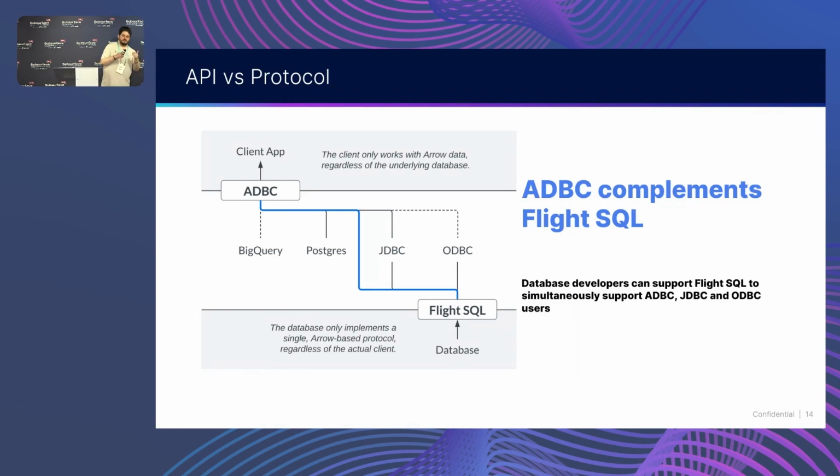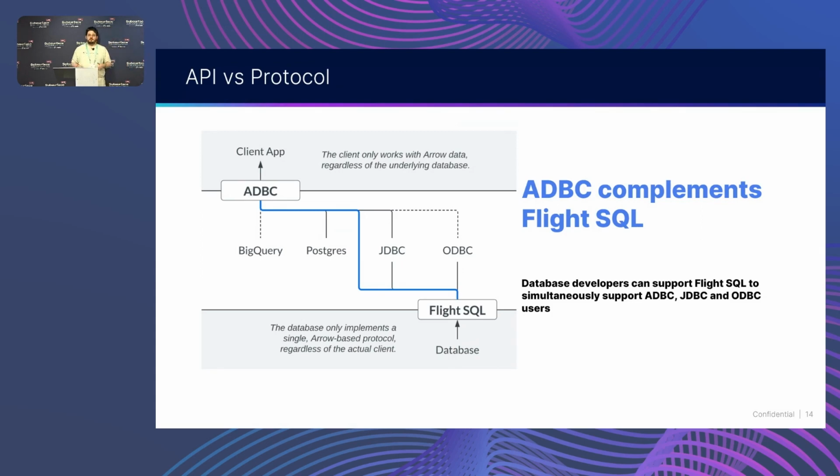ADBC allows the client side so that you can code against the single client API using Arrow native record batches and data, regardless of what your backend data sources are. And then you can just swap out the driver for a different one, and your application code doesn't have to change. It's the same reason why we use ODBC and JDBC, only we're getting a column-oriented representation natively now.